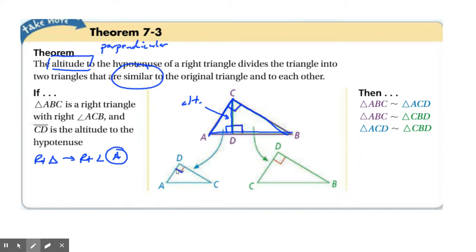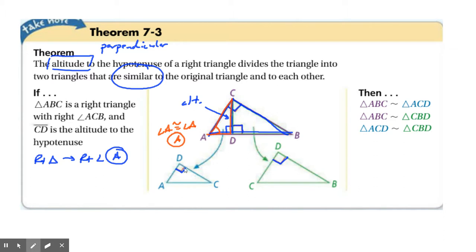And again, here are the small triangles. Now what about the second pair of congruent angles? Well, the big triangle and the small triangle on the left, triangle ACD, overlap at angle A. So angle A is congruent to angle A by the reflexive property, and there is your second angle pair.